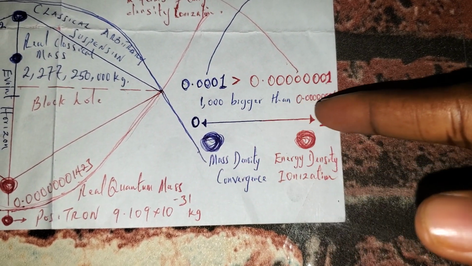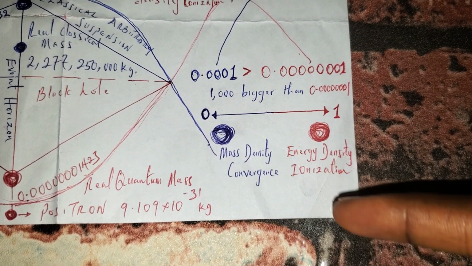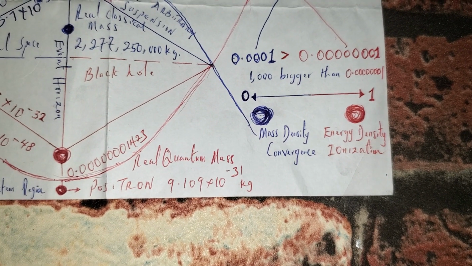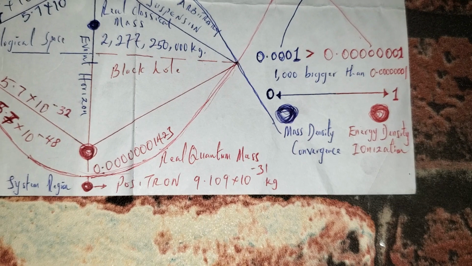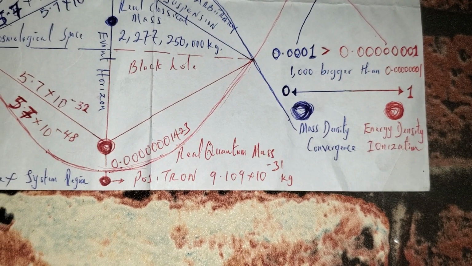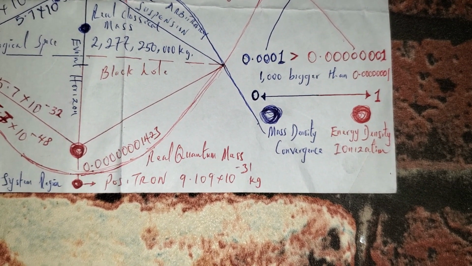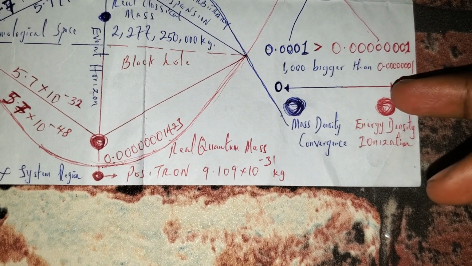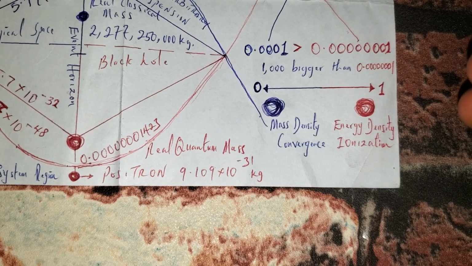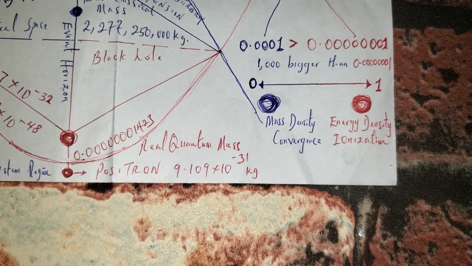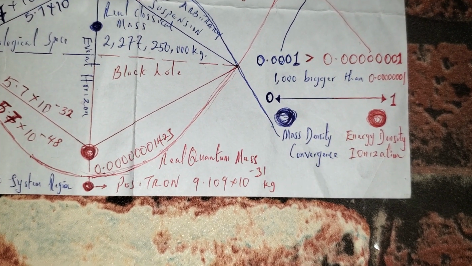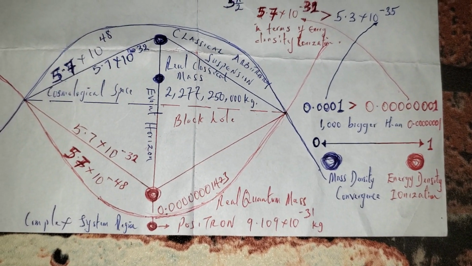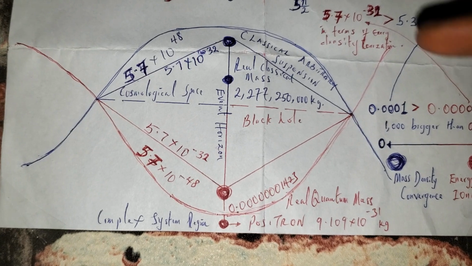But as you are moving away from the zero, we have energy density ionization, which means that the solidity of the mass density will reduce. You understand? So basically, you can see that the system beyond the limit is a kind of flipped system already, and so we are going to dive deep into that.